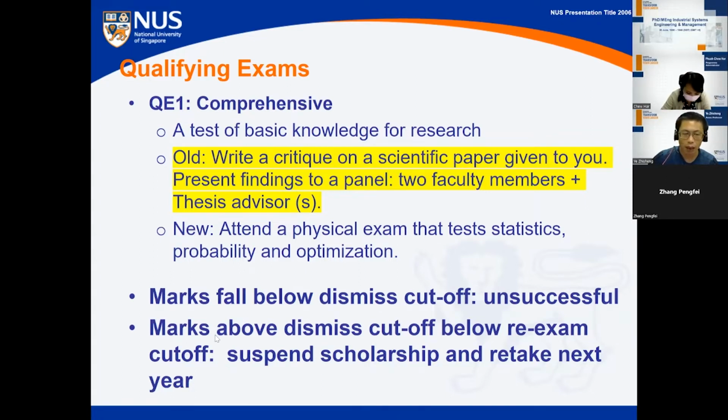If your total mark is between the dismissal cutoff mark and the re-examination cutoff mark, then your scholarship, if you have one, will be suspended and you will be required to retake in the next year. And next year, if your mark is still below the re-examination cutoff mark, then you will be dismissed. So that will be our new requirement for QE1.